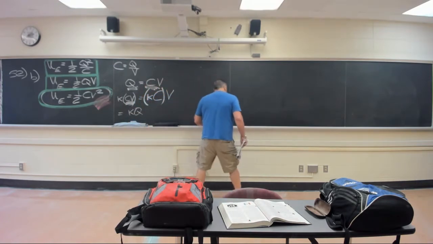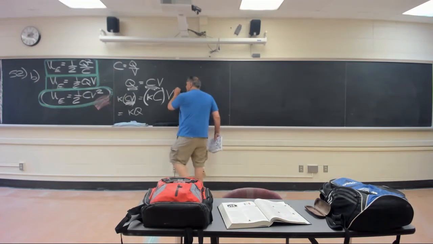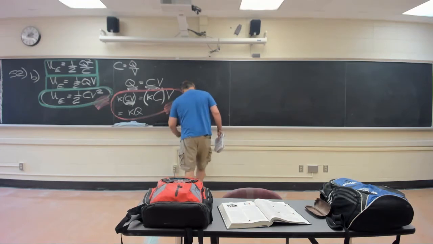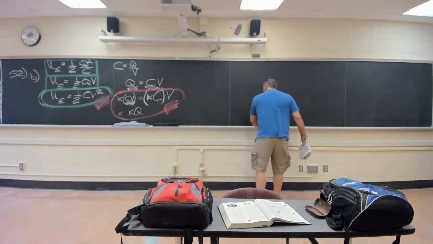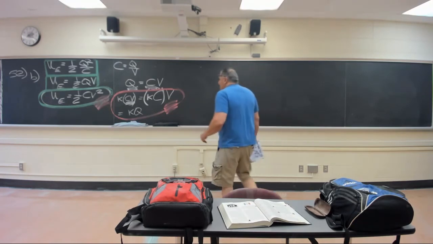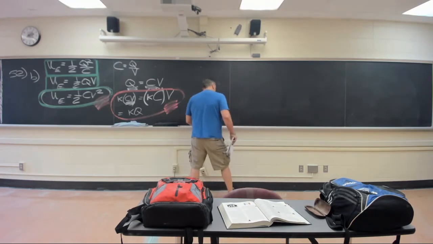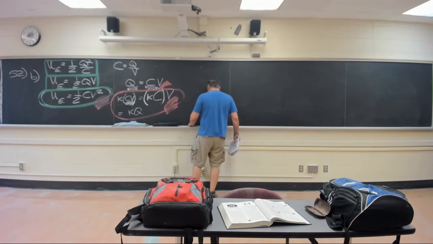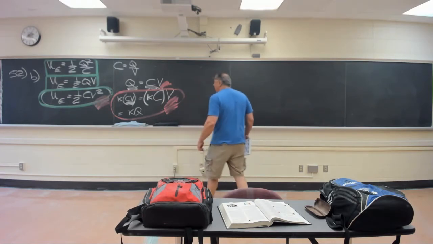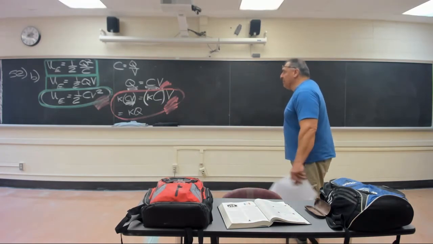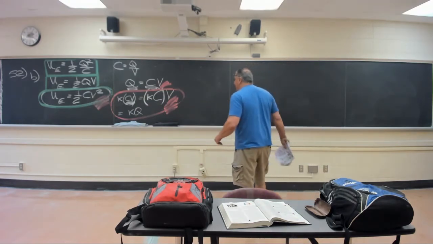So at the end of the day, everyone, if you have the same voltage, the same potential difference, you got more charge that got moved over there. So how much work has to get done?